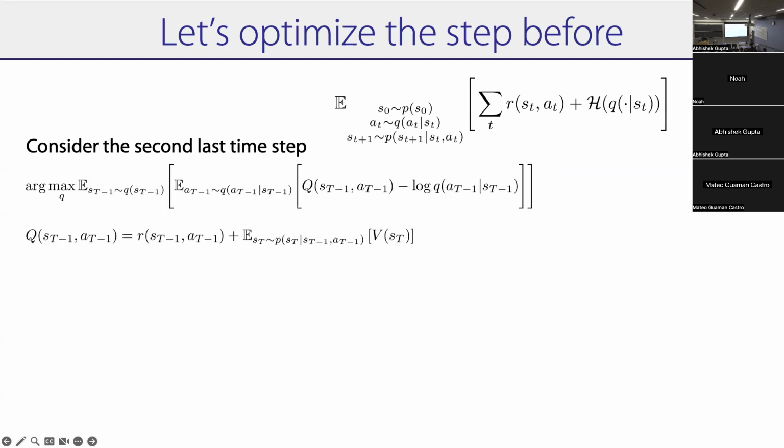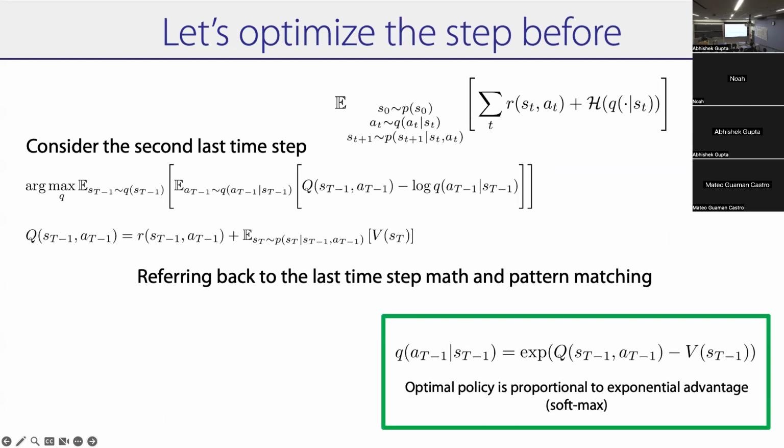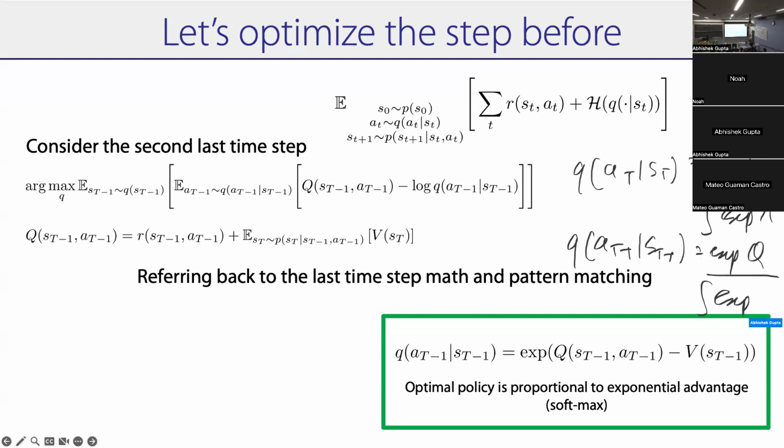And at the last time step, we just derived that q of A_T given S_T is equal to exp r divided by the integral of exp r. Here we're going to get q of A_{T-1} given S_{T-1} is equal to exp Q by the integral of exp Q. All we did is substitute in r plus expected V as Q.